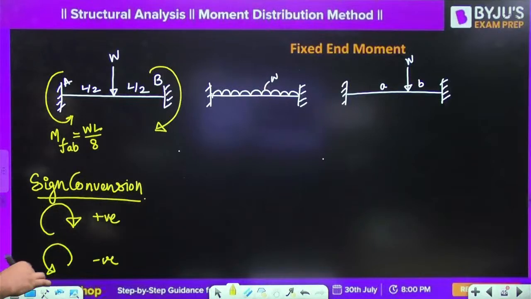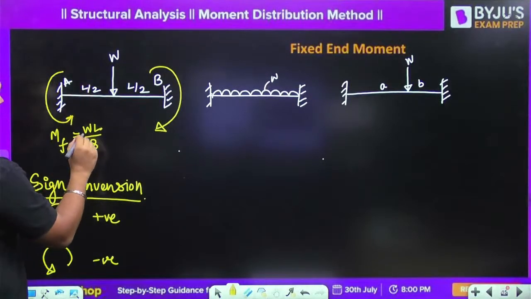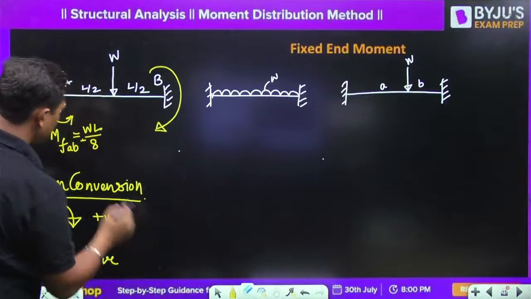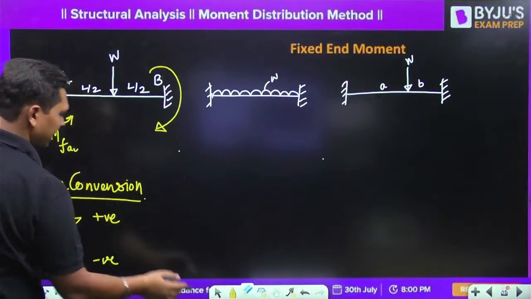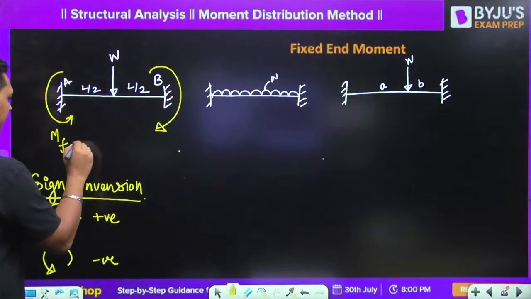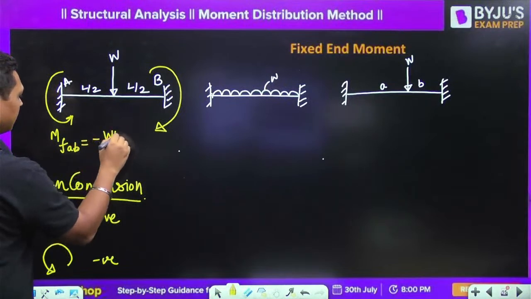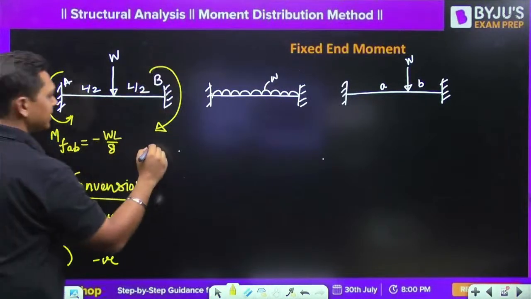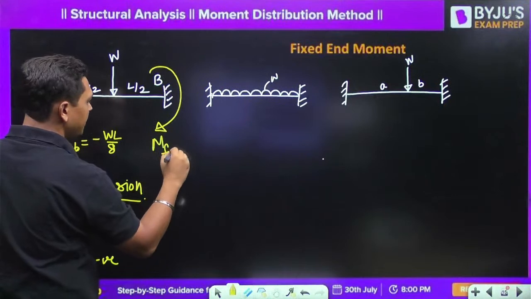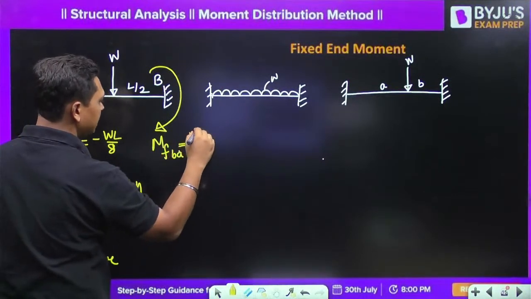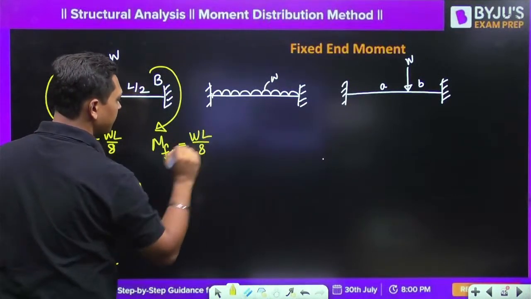Since this is anti-clockwise, it is taken as negative, minus WL by 8, and this is clockwise, so the fixed end moment BA will be taken as positive, that is WL by 8.